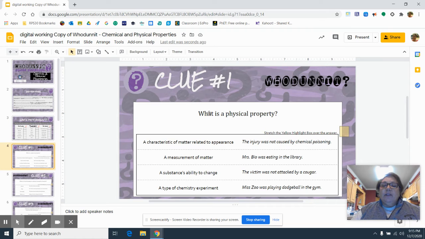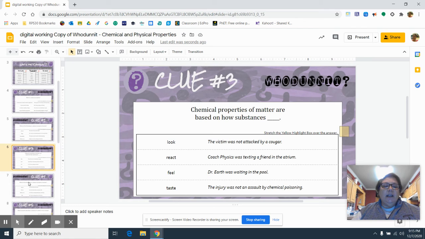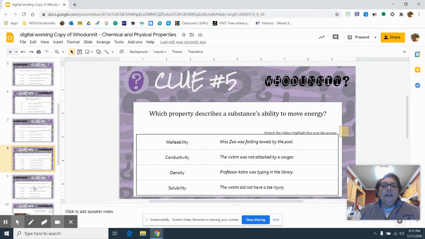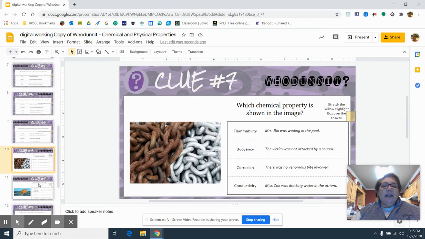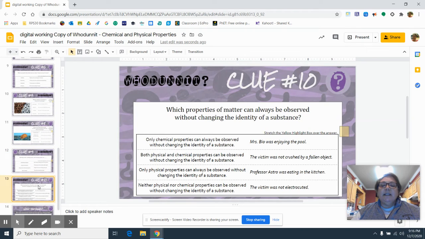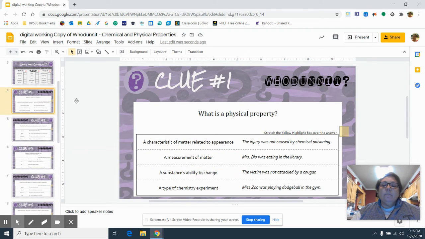Okay, so there are these clues. There's 10. You're going to read the question. What is a physical property? This is why I told you guys it would be a good idea to use your notes. So let's say it's a substance's ability to change. See this?